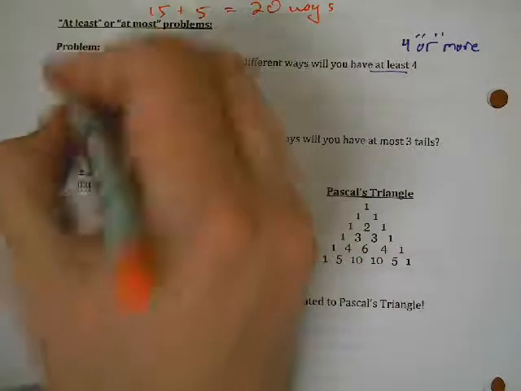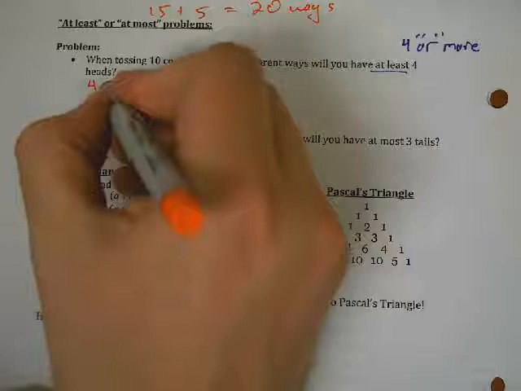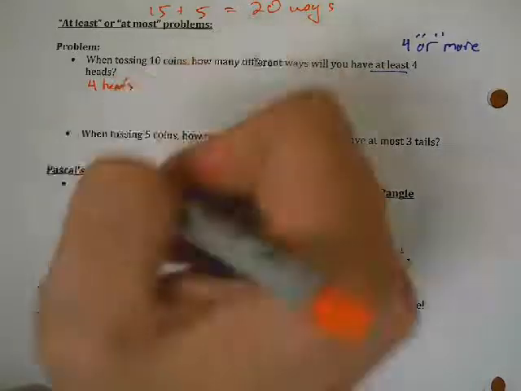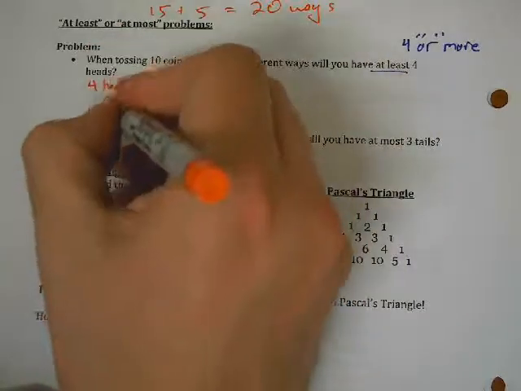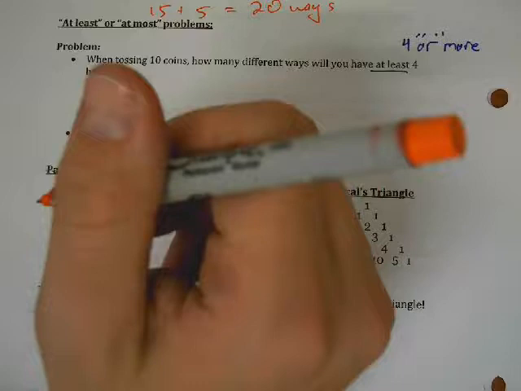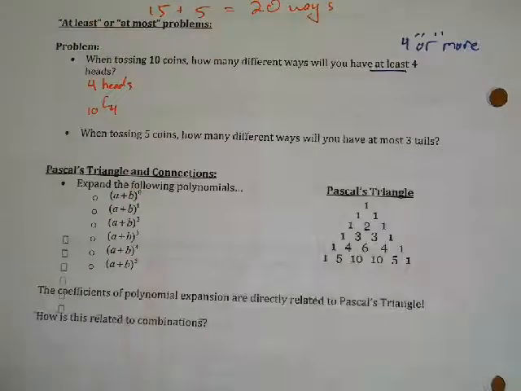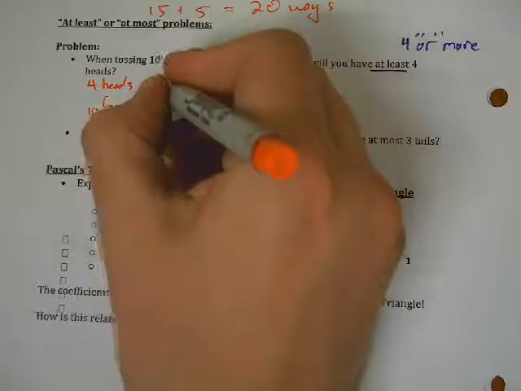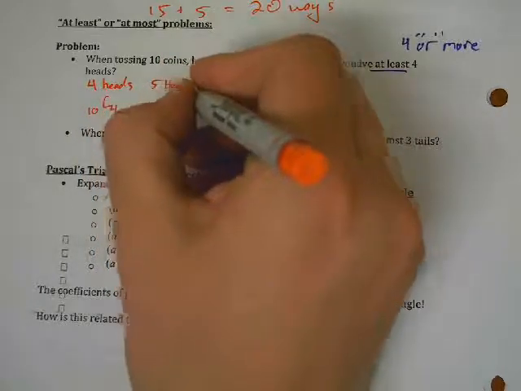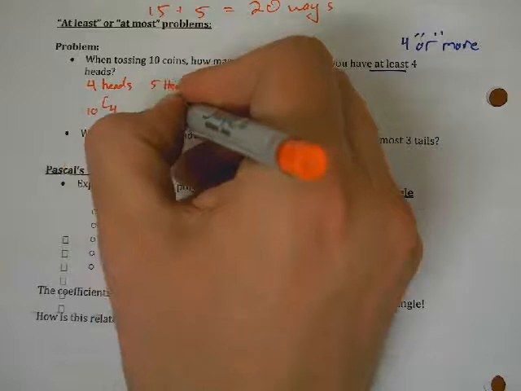All right. So to get 4 heads out of 10 flips, there are 10C4 ways to do that. Basically, you have 10 spots, you're only choosing 4 of them for heads. Okay, for 5 heads, because remember, we're doing 4 or more, it would be 10C5.